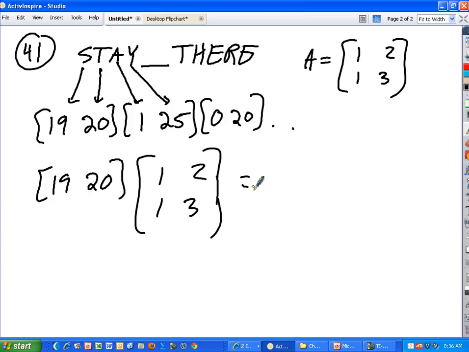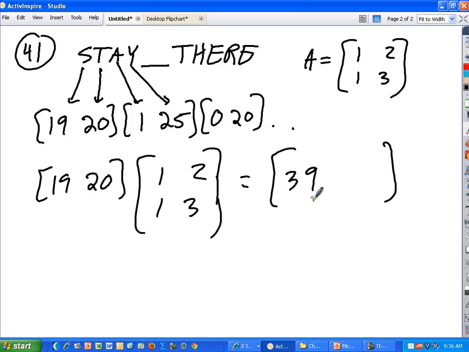So it's 19 times 1 plus 20 times 1 is 39. You can use your calculator if you want to. First times first plus second times second. To get row 1, column 2: 19 times 2 is 38, plus 60 is 98.